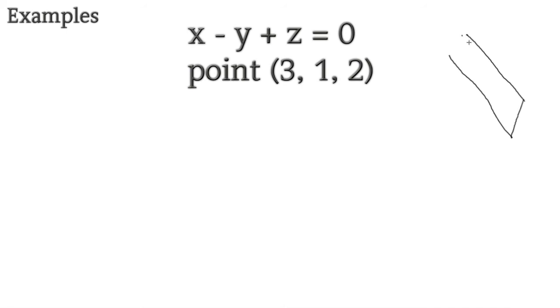Hypothesize a plane with a unit normal n hat, and we can state a point 3, 1, 2, in this case I'll call it P, and we need to find a point on the plane. Let's call that A as usual. And normally what we would do is to find the distance between the A and P as a position vector as usual. Direction doesn't really matter because we're going to take the modulus anyway.